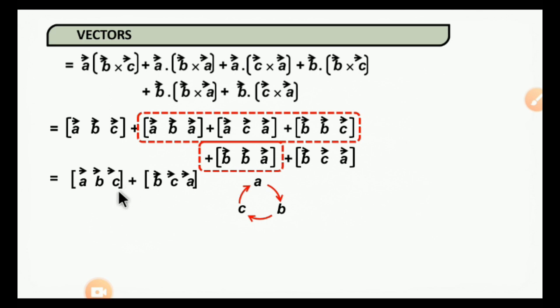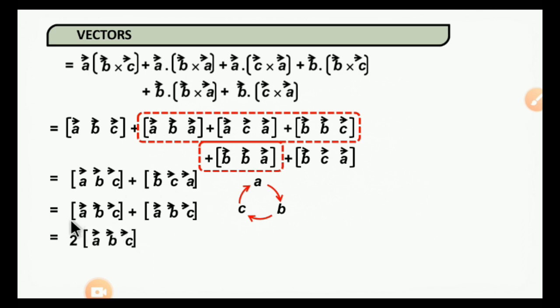So ABC is also equal to BCA by using the property. So ABC plus this can be taken as again ABC only, then the sum will be 2 into the box product ABC. Therefore this is the proof of this given statement.